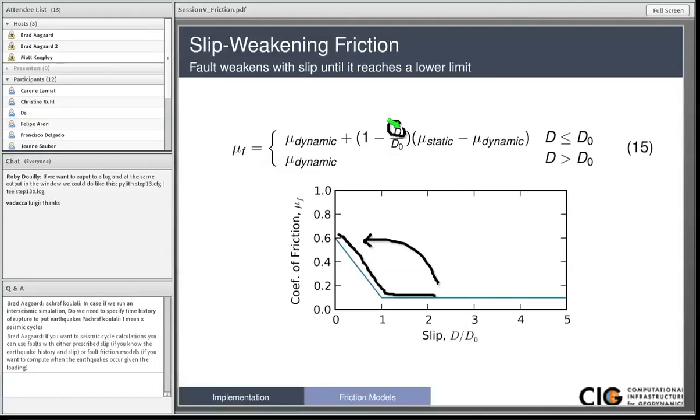In that case, we use the output from the coseismic slip simulation, which gives us a traction perturbation on the fault.